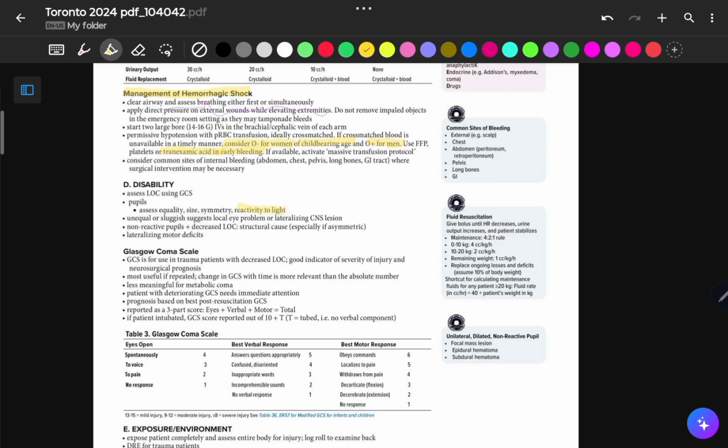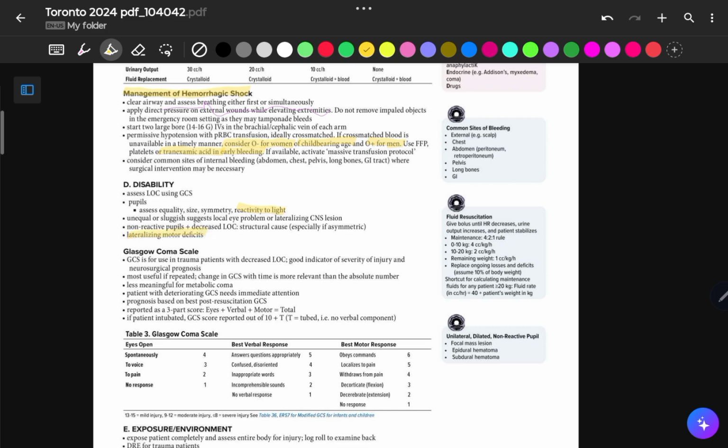Okay, you want to know, are the pupils equal? Are they reactive or non-reactive to light? You want to know all of that. Any lateralizing motor deficit that can be present.